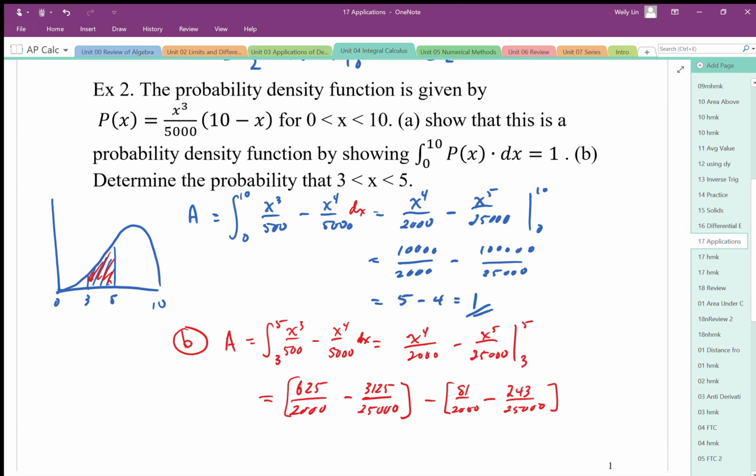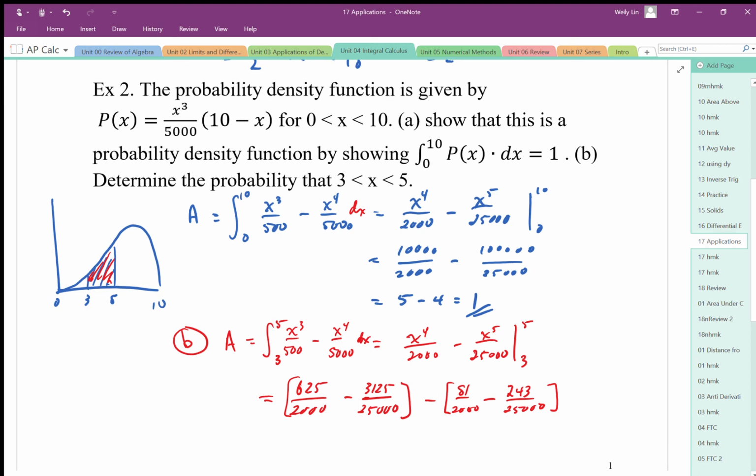It's taking me a while punching this into my calculator.